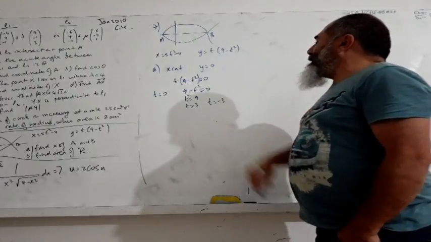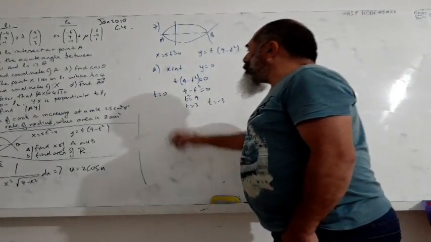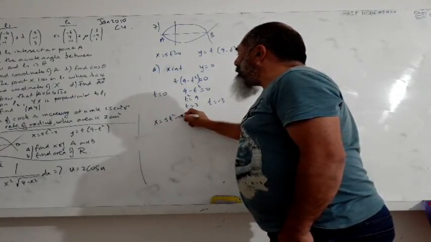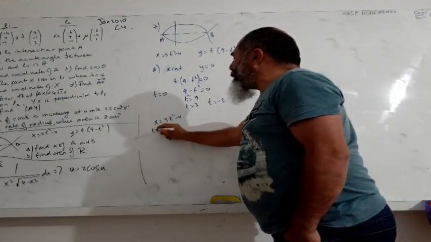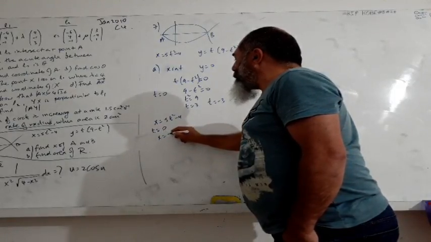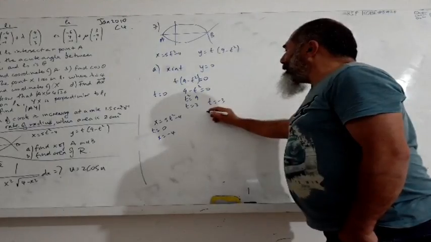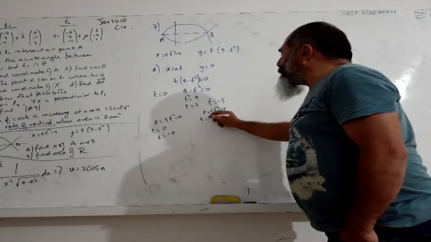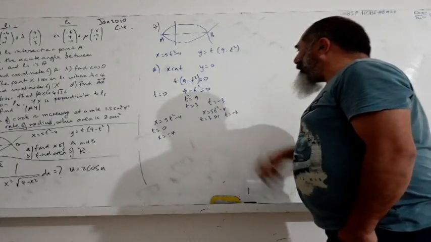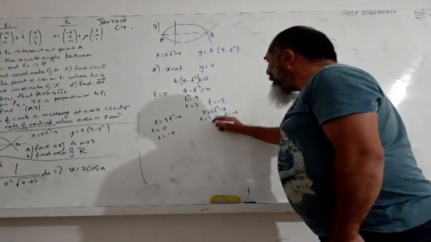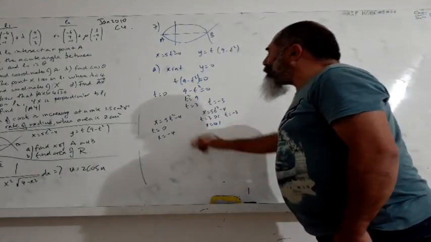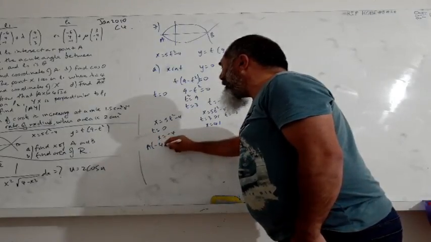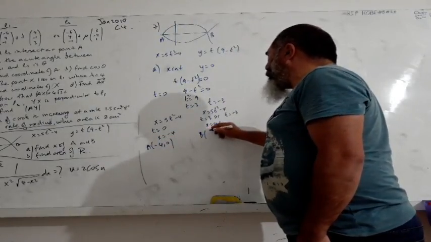When t is equal to 0, remember x is equal to 5t squared minus 4, so x is equal to minus 4. When t is equal to 3 or minus 3, it doesn't matter, x is equal to 41. So this is the x coordinate of point A, and this is the x coordinate of point B.